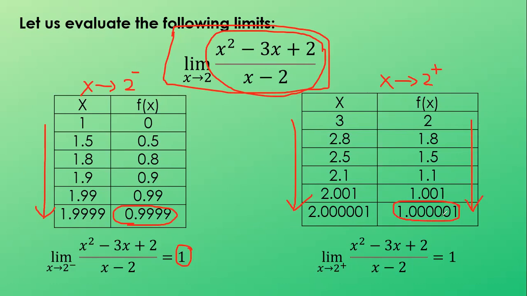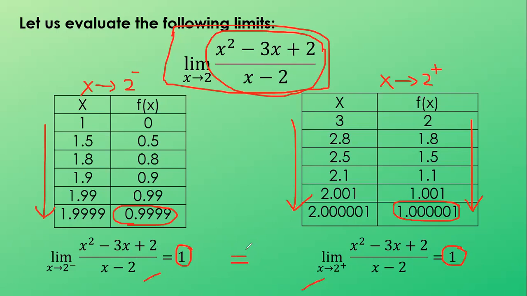No? So this encircled value here is really close to also 1. So thus, the limit of our function x squared minus 3x plus 2 over x minus 2 as x approaches 2 from the right is also equal to 1. Okay? So from the left and from the right, they are both equal to 1.